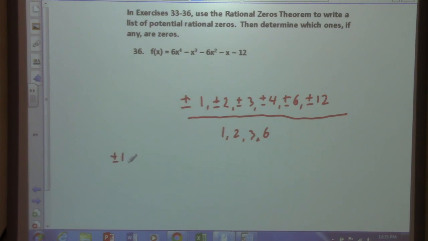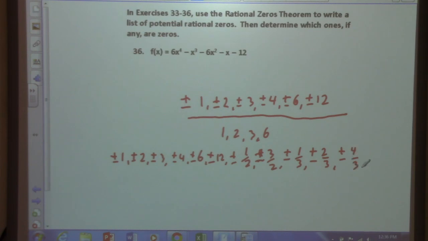Plus or minus 1, plus or minus 2, plus or minus 3, plus or minus 4, plus or minus 6, plus or minus 12, plus or minus 1/2, plus or minus 3/2, plus or minus 1/3, plus or minus 2/3, plus or minus 4/3. And what else? Plus or minus 1/6.